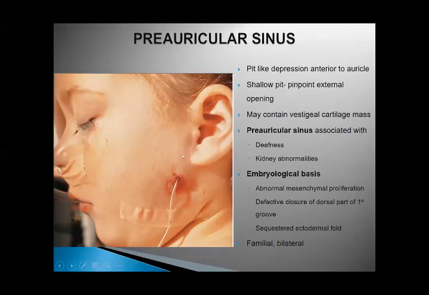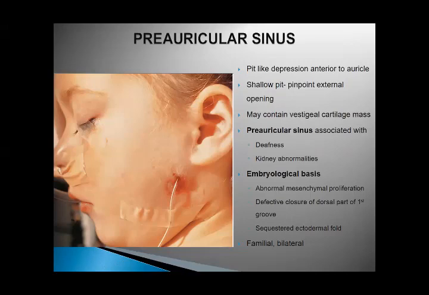This sinus may contain a cartilaginous tissue as well, but by and large, एक sinus ही होता है. It may be associated with deafness or any other anomalies, particularly kidney anomalies. Maybe, ज़रूरी नहीं कि हो.